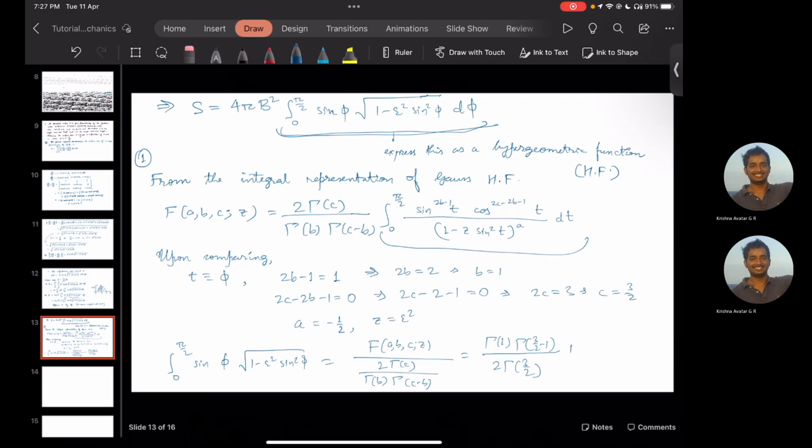And f of a is minus half, b is 1, c is 3 by 2, and z is epsilon squared.